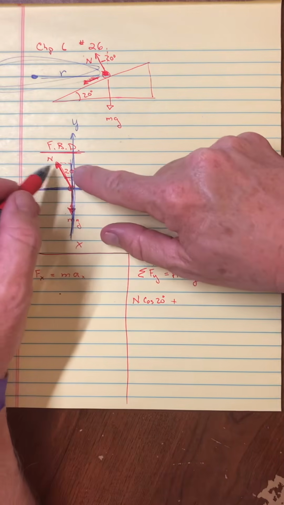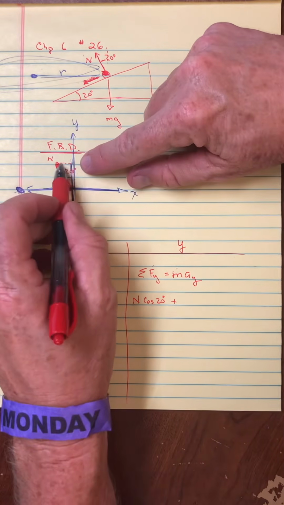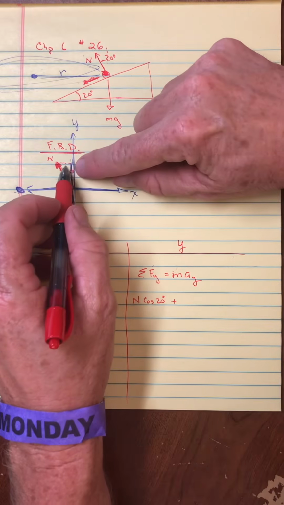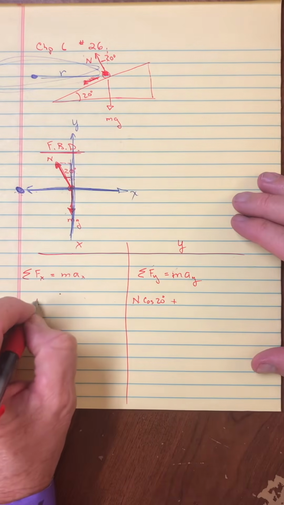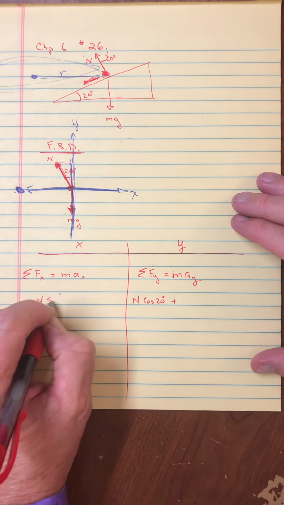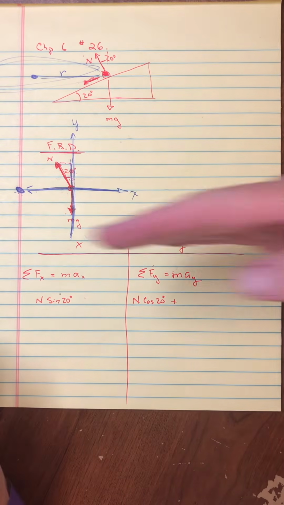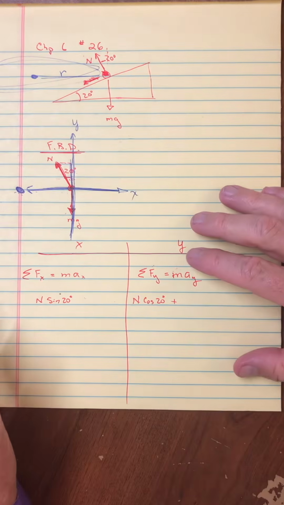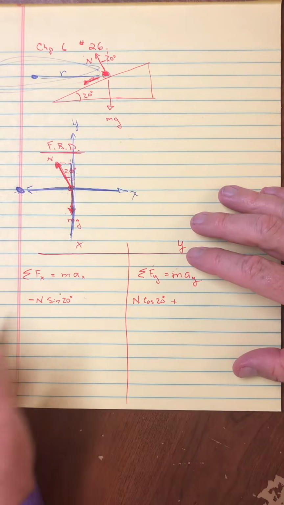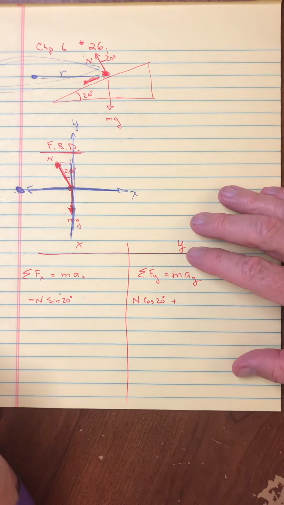And again, as long as I'm looking at the normal force, over here, opposite of 20 degrees, so normal times the sine of 20 degrees, that would be the direction of the force in the negative x direction.